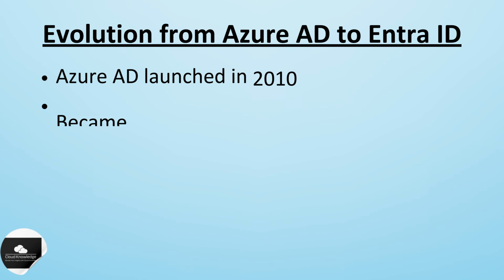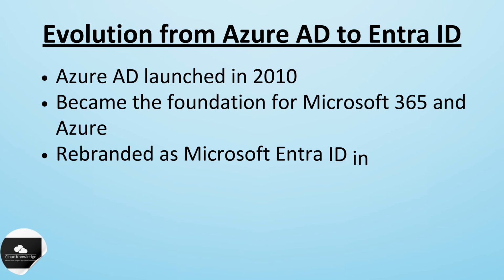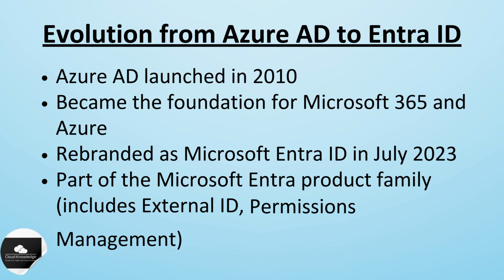Now in many interviews, the interviewer could ask why Microsoft renamed Azure AD to Entra ID. Well, as per my perspective, Azure AD has grown far beyond just being tied to Azure, right? Tied to Azure means it has been bound with Azure. It is now part of a big identity family called Microsoft Entra, which also includes features like Entra Permissions Management and Entra Verified ID also.